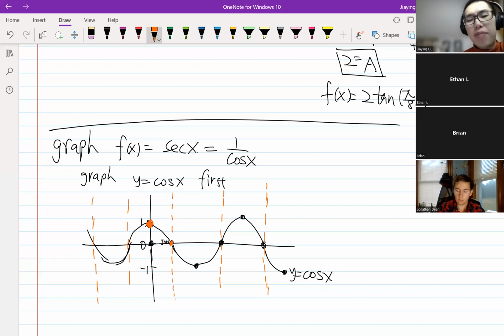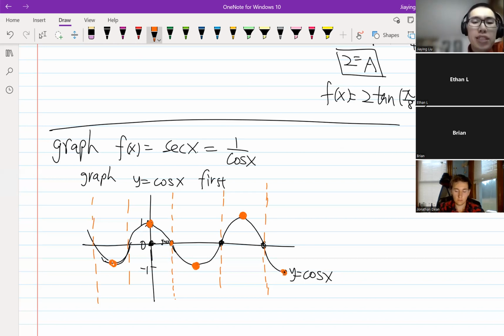And every time I have y equals 1, the graph of secant is going to have exactly the same point. It doesn't go anywhere, because 1 divided by 1 is 1. And every time I have y equals -1, the secant also has that point, because 1 divided by -1 is still -1.